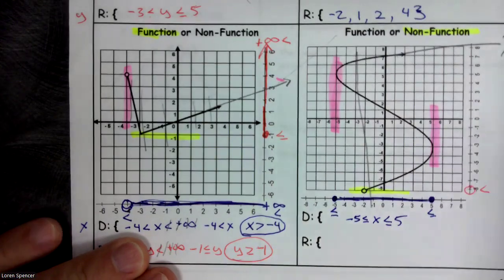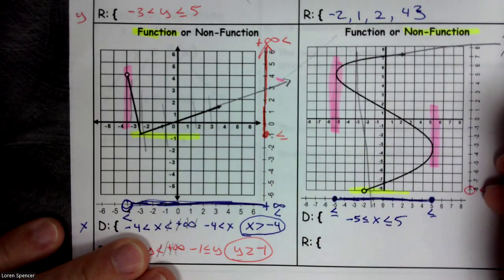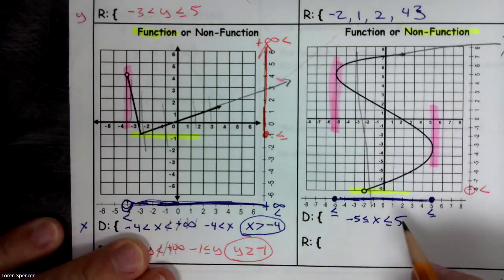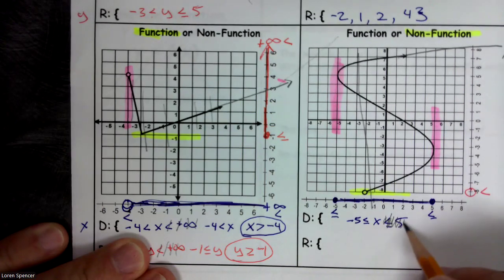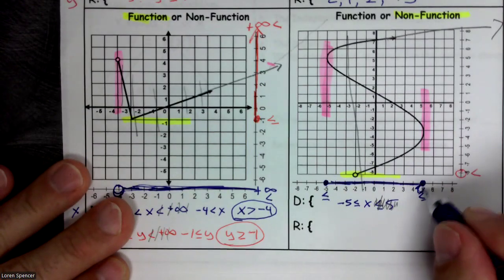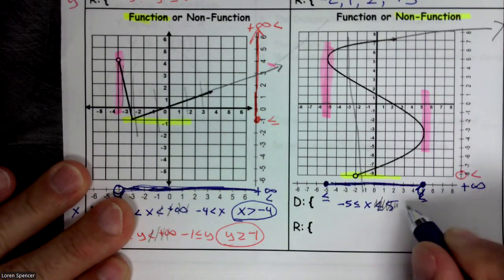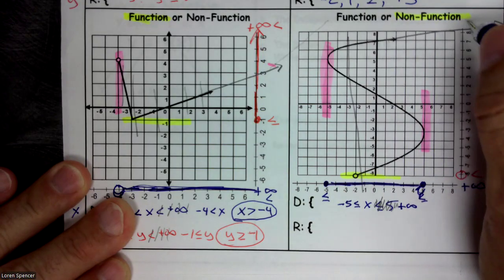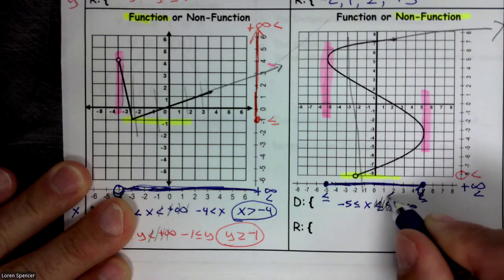That means my x value is going to positive infinity. So this is no longer that less than or equal to 5, and it's okay to make a mistake. Just go back and fix it, just like I'm trying to do here. I apologize for that. We're going to go to positive infinity, and infinities always get a less than.